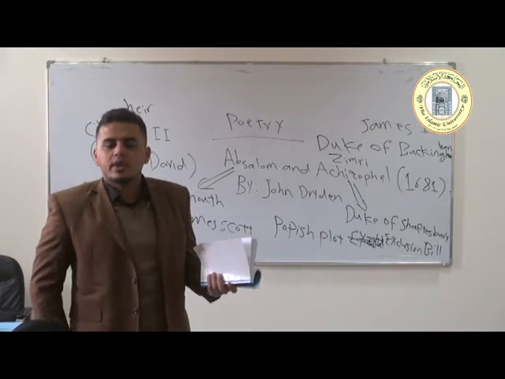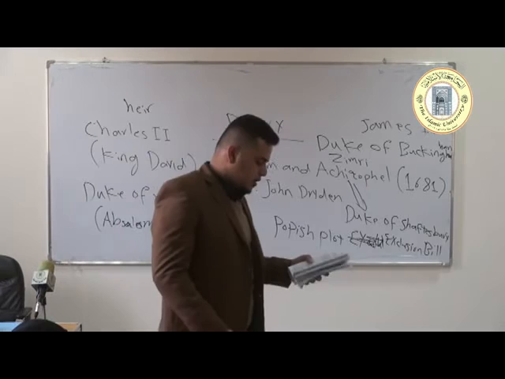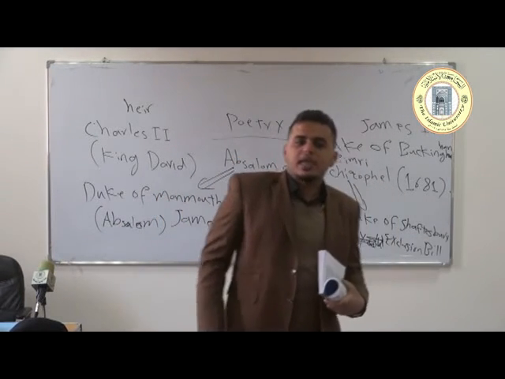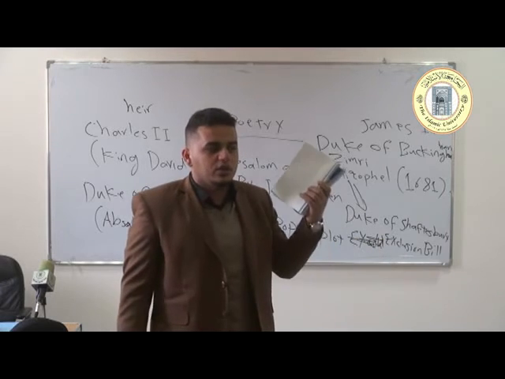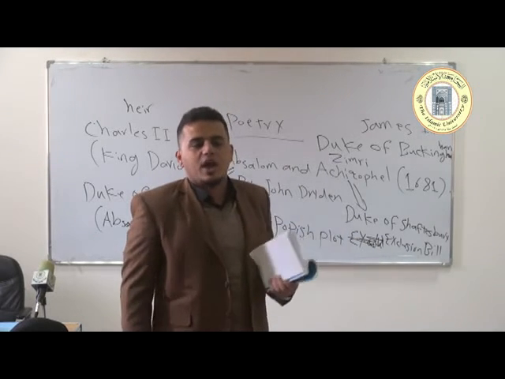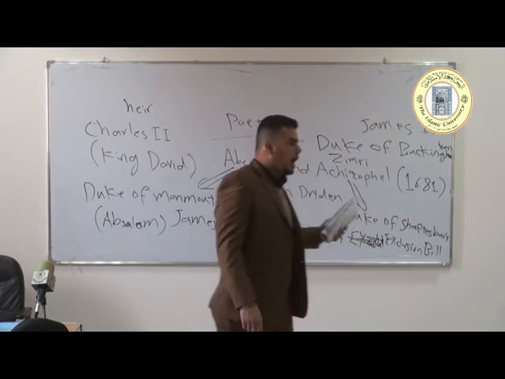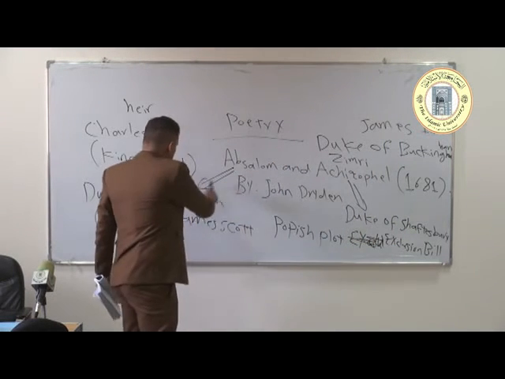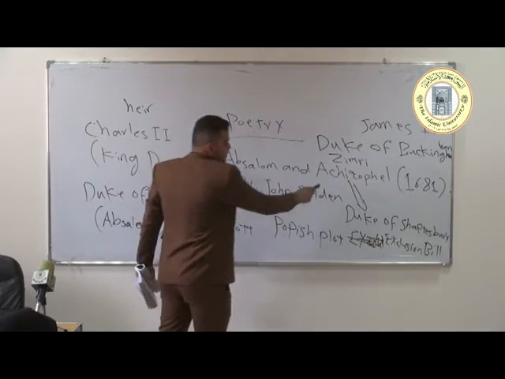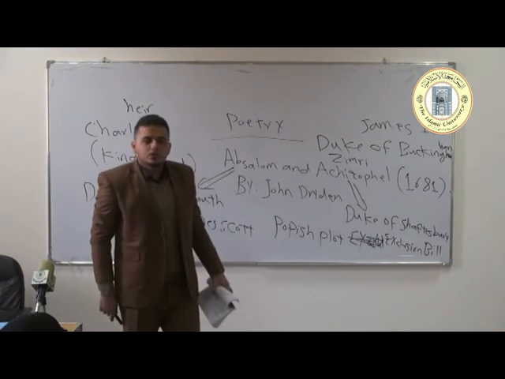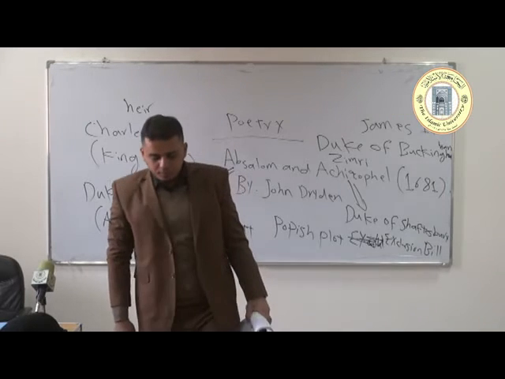The Hydra, the snake, is more than this, not only those three persons. But the main persons are Absalom, Duke of Monmouth, Achitophel, Duke of Shrewsbury, and Zimri, Duke of Buckingham.